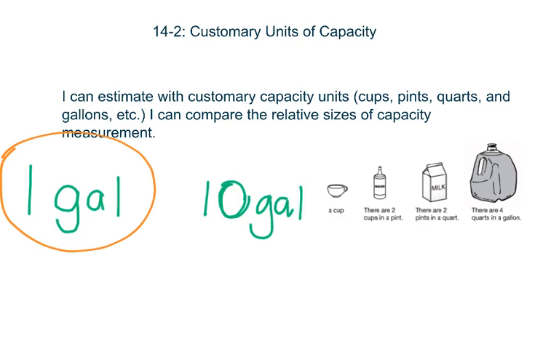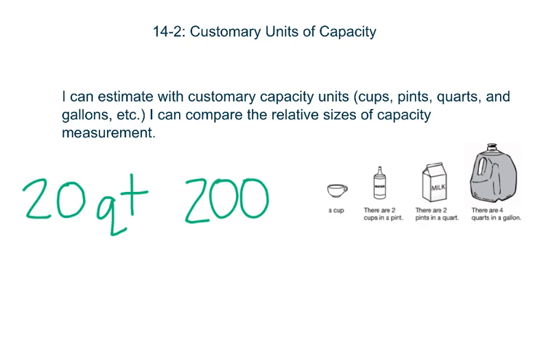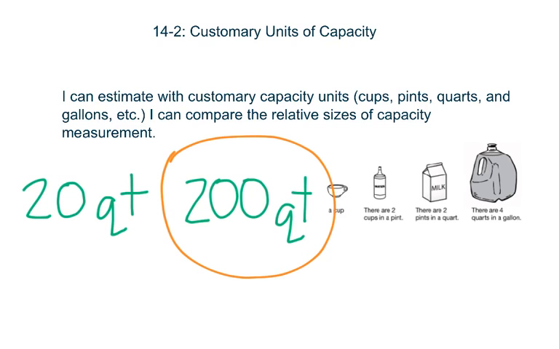Let's think about a large aquarium tank. Is a large aquarium tank more likely to be 20 quarts, or would it be 200 quarts? Don't forget, you can always pause the video and think about it before we move on. A large aquarium tank would probably hold many, many quarts, probably close to 200 quarts. If you were to think about a home aquarium, it would be more likely that it would be 20 quarts.